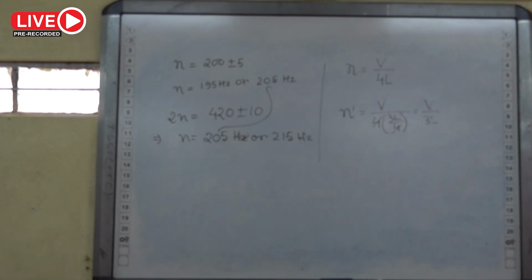Now first overtone means 3 times the fundamental frequency for a closed pipe, because it goes 1, then 3, then 5.